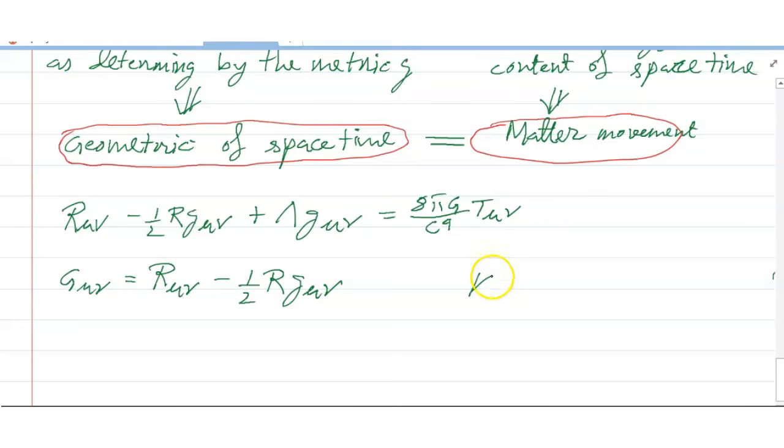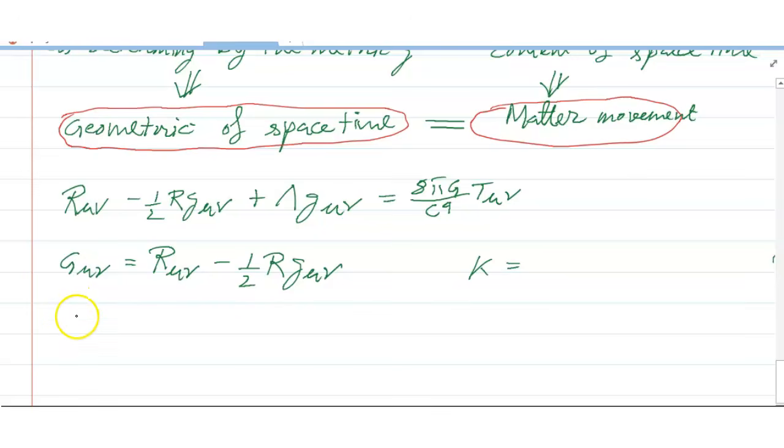Here k equals to... another factor is I have to write another equation: G mu nu plus lambda g mu nu equals k T mu nu.